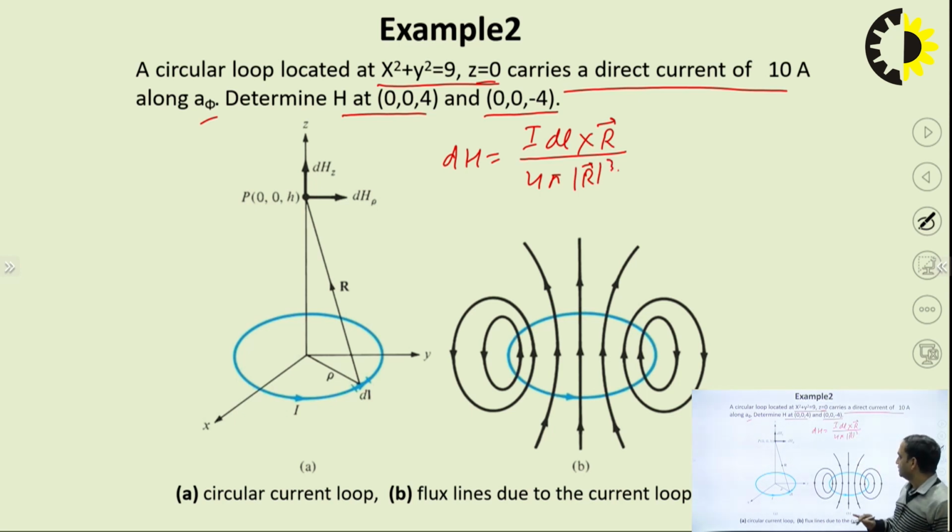Is that clear? What you require is dl, and how you get dl? Dl is this one. What you require is r? R is this one. Same formula apply and just try this. This is the rho direction, this is the z direction. Apply the Pythagoras theorem and vector calculus so that you can find the value of r.